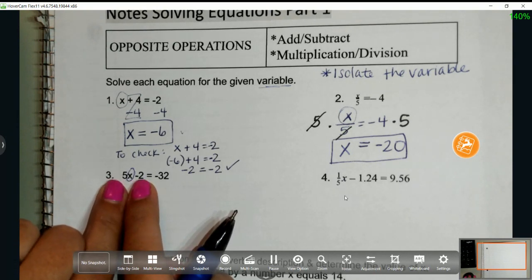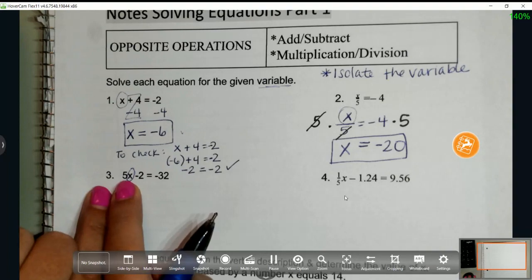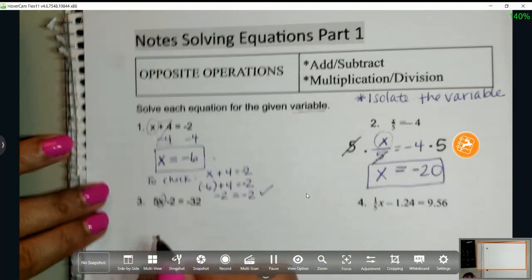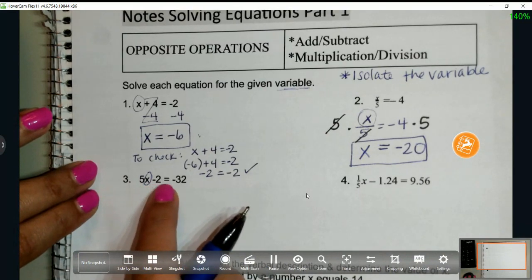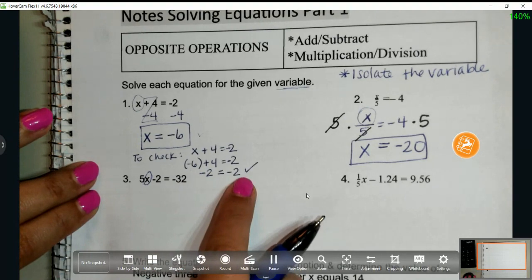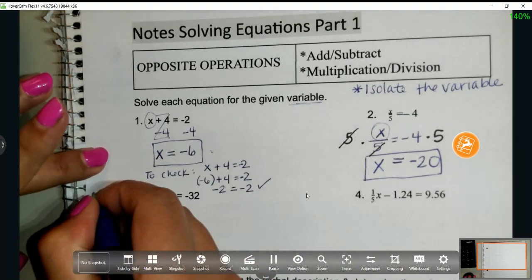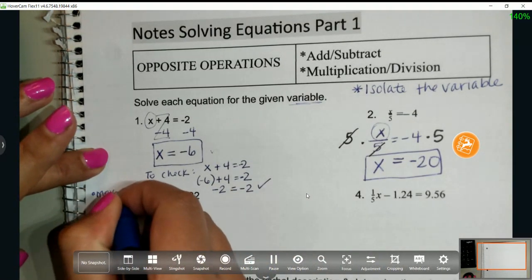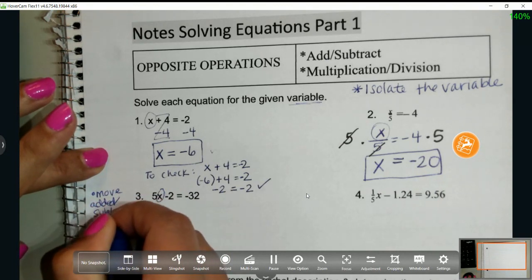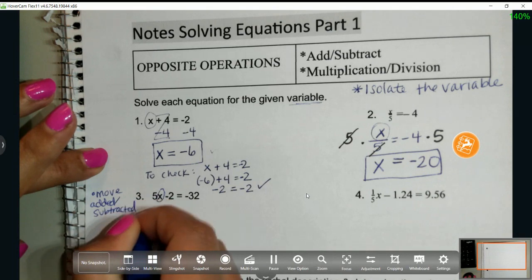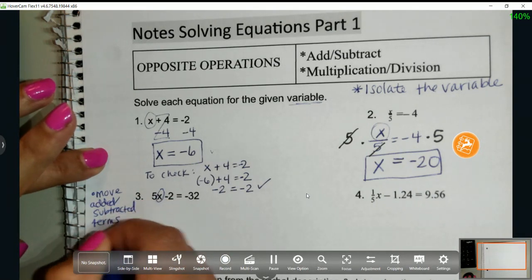So we're subtracting 2 and multiplying x by 5. Just as a good rule of thumb, to get x alone, anytime there's anything added or subtracted, move that first. Okay, so order of operations, move any added or subtracted terms first.